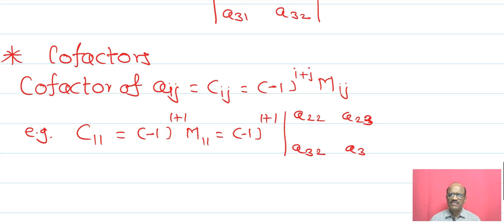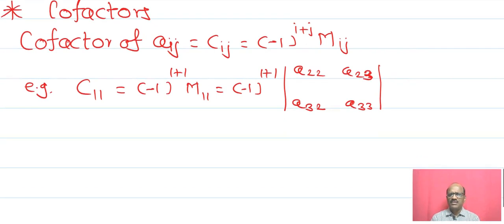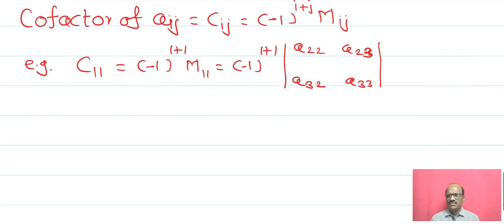In this way, we can find out. Only you have to remember to multiply the minor by -1 raised to i plus j, the order of that particular element.